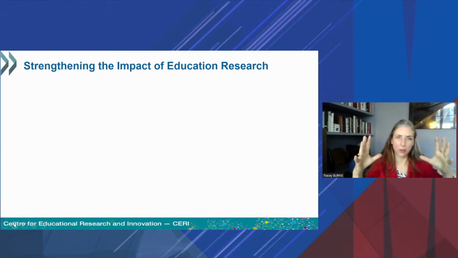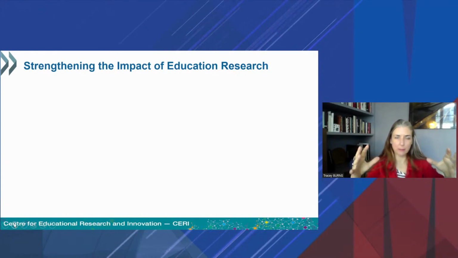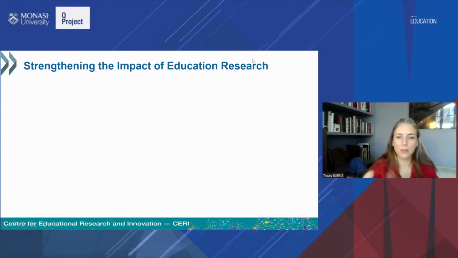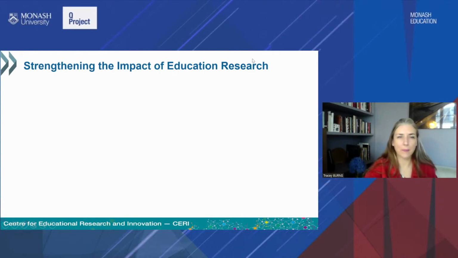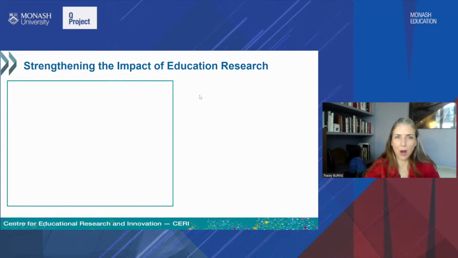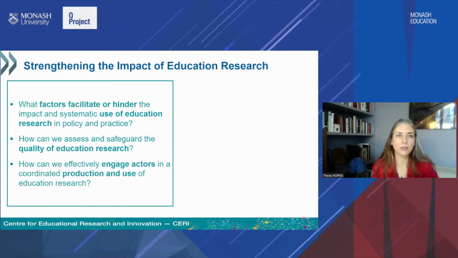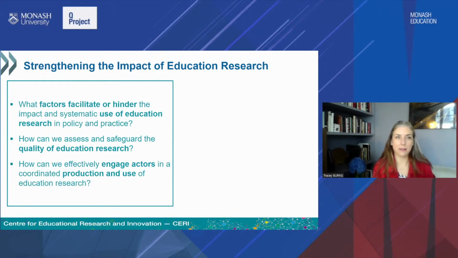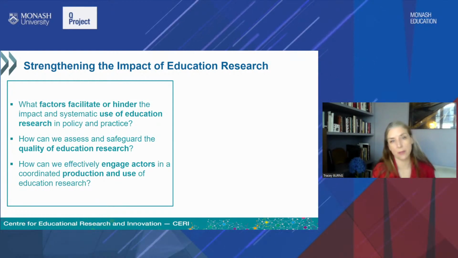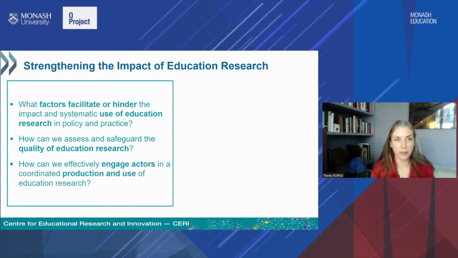The argument I want to make is that the work of the Q project in a particular environment matches well with the work that we can do on a systems level, and thinking about what that actually might mean for our work. We have a new project on strengthening the impact of education research. It's asking questions around the factors that facilitate or hinder the impact and systemic use of research in both policy and practice, putting those two links together.